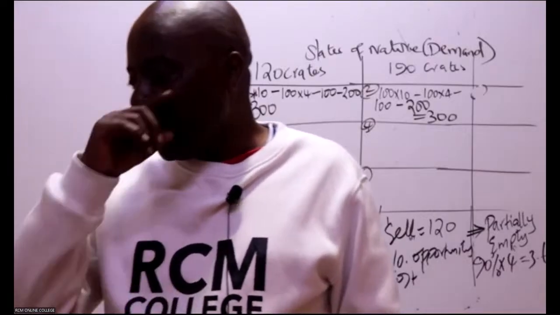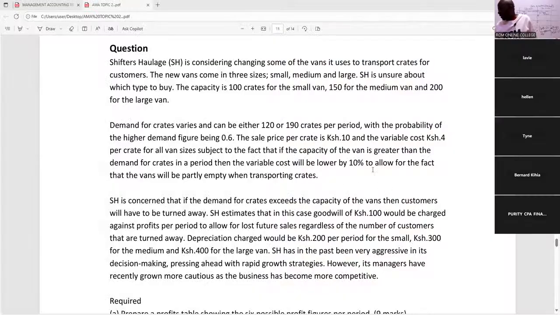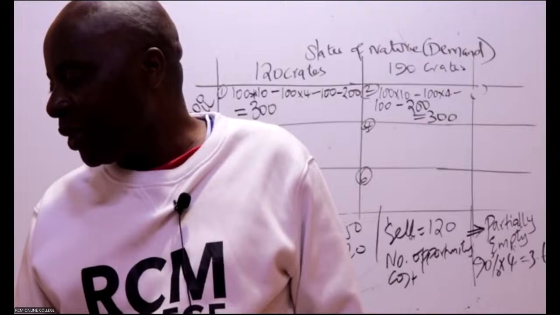Because they have told me here, ladies and gentlemen, that the variable cost is 4 per crate for all van sizes, subject to the fact that if the capacity of the van is greater than the demand for crates in a period, then the variable cost will be lower by 10% to allow for the fact that the vans will be partly empty when transporting crates. So in this case here, the variable cost will be 3.6.